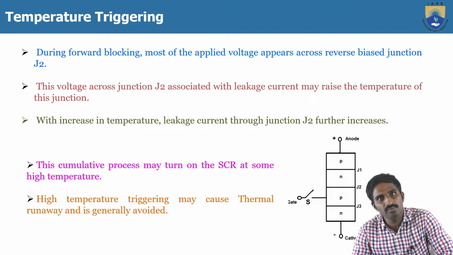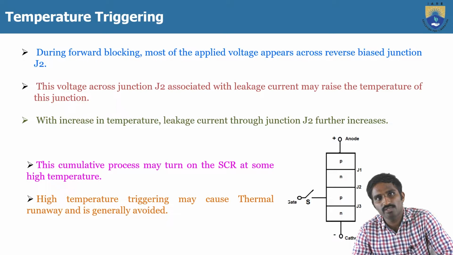With the increase in temperature, the leakage current through junction J2 further increases. It works both ways: with the leakage current the temperature may increase, and because of the increase in temperature, the leakage current may increase further, and then the temperature will increase further still.